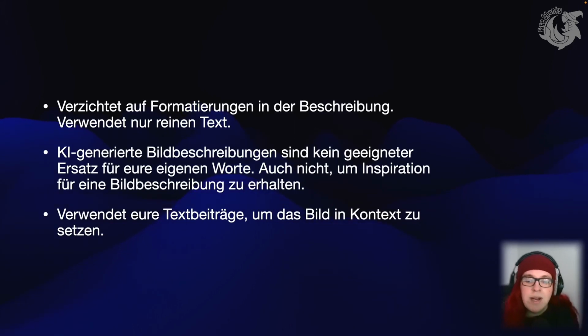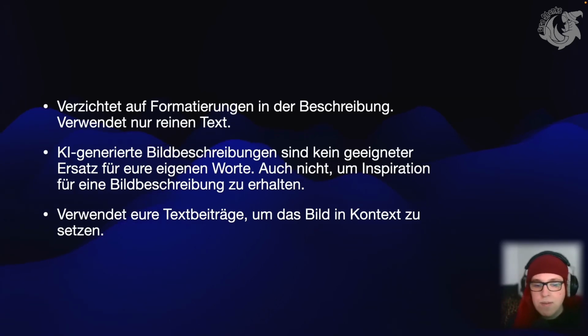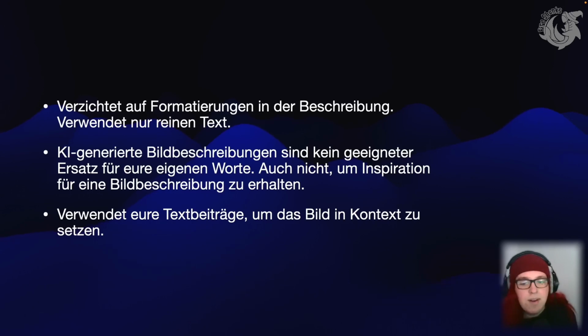A few general tips you have to consider. If you include image descriptions, refrain from formatting the description and just use plain text. I see it very often that people use Markdown to kind of highlight sections, but this is not really feasible because a screen reader cannot read it.